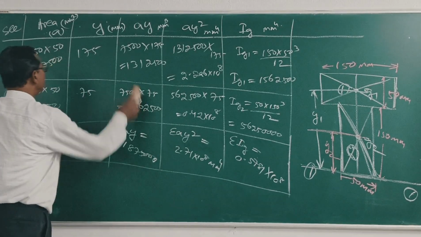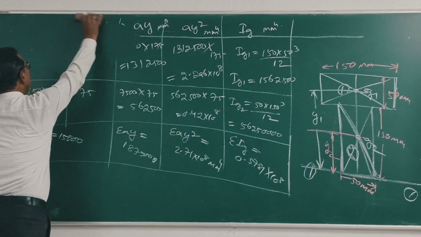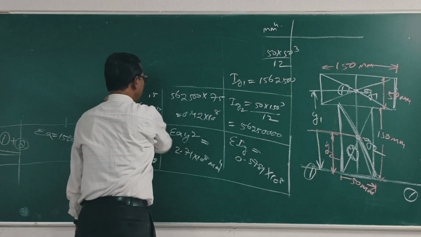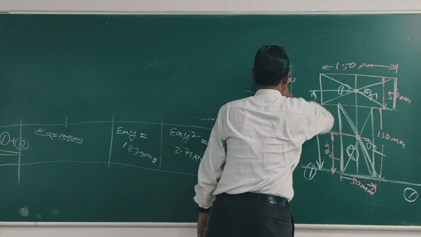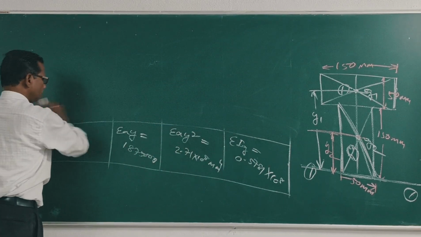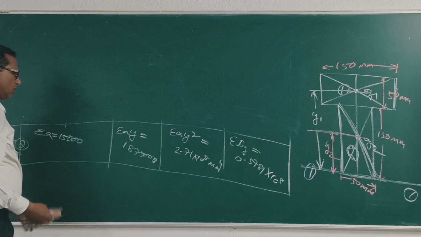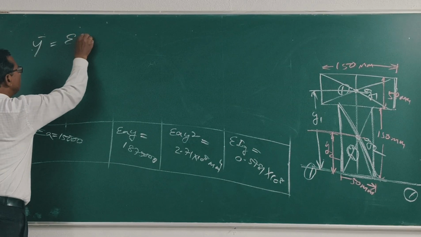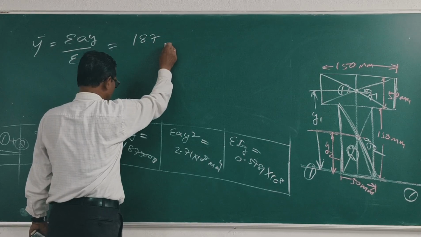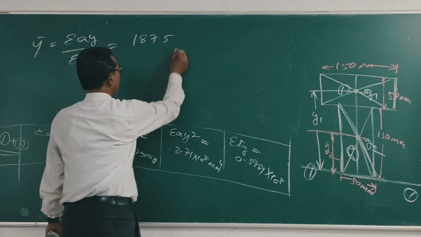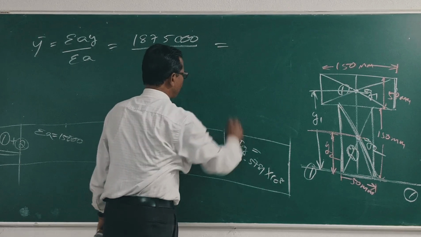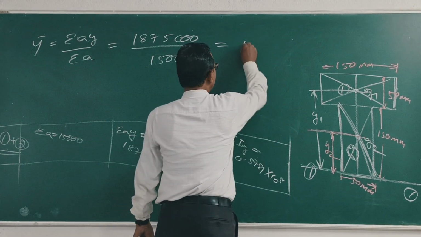Now y bar. What is y bar equal to? Sigma Ay by sigma A. What is sigma Ay? 1875000 by 15000. Clear? Y bar is equal to 125.